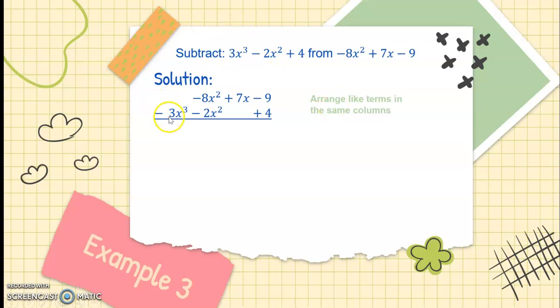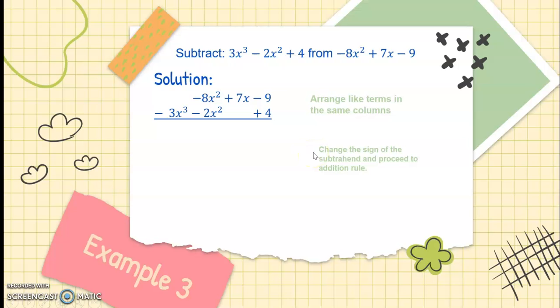As you can see, gintupong ta, since wala upod si 3x cubed, diri siya. And then minus 2x squared, gintupong ta siya kay negative 8x squared. And then, since 4 is constant, itupong ta siya sa partner niya nga constant, negative 9.